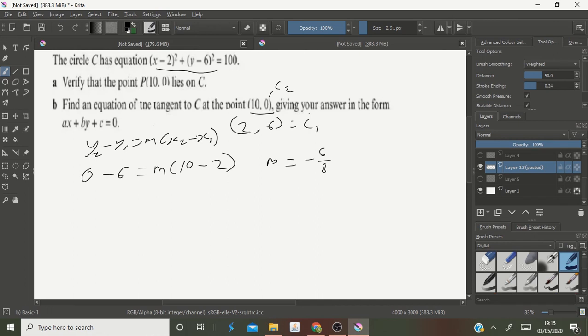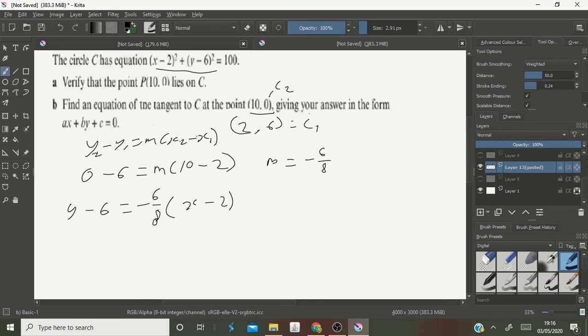Now we do a very similar variant to this equation, and we say y minus y1, which in this case is 6, equals our gradient multiplied by x minus x1, which in this case is 2.